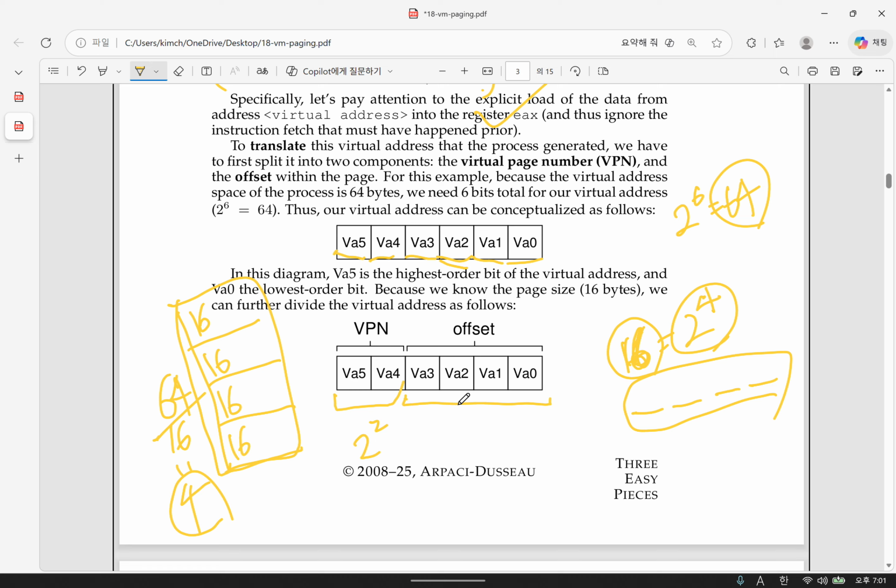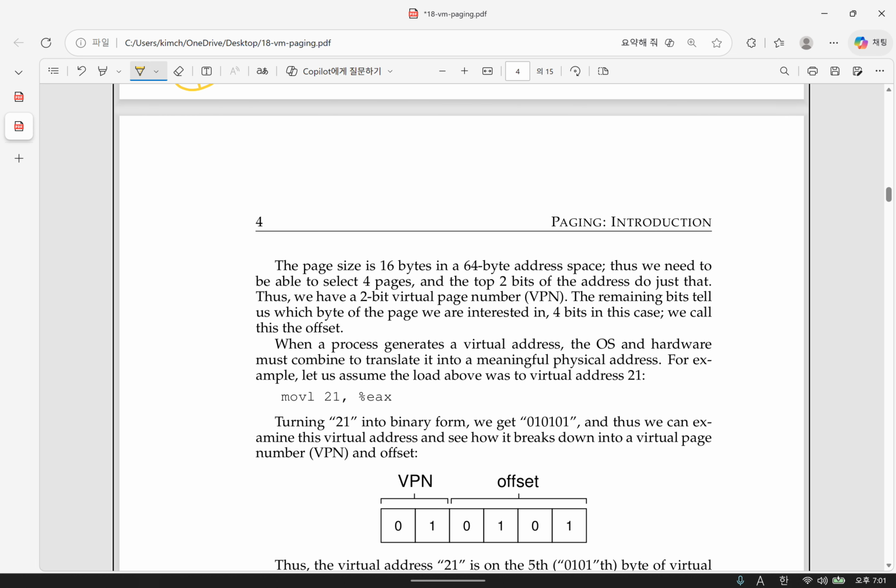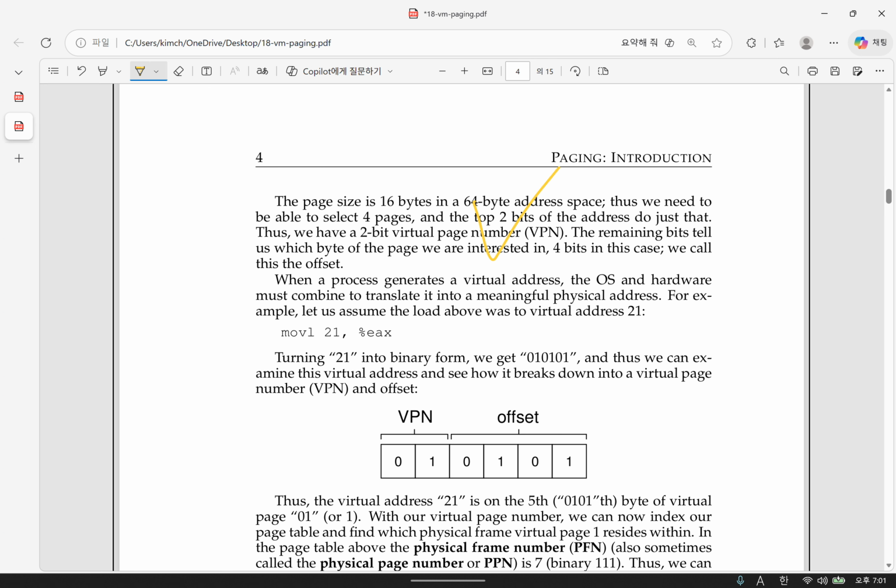Because it's 2 to the 2. Okay, that's what it's saying here. The calculations I just did are in this paragraph here. Next, when a process generates a virtual address, the OS and hardware must combine to translate it into a meaningful physical address.